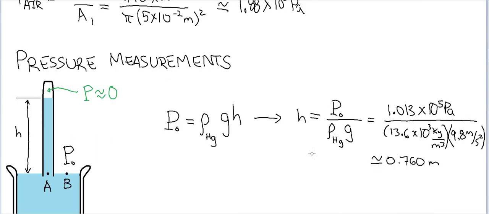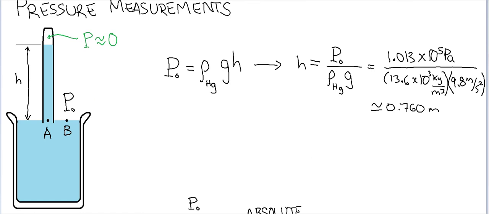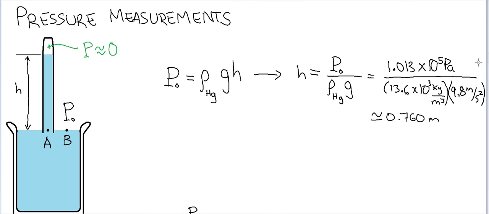So let's look at pressure measurements. Again, we have some beaker with some liquid. This time we're going to invert a tall graduated cylinder of the same liquid into that beaker.